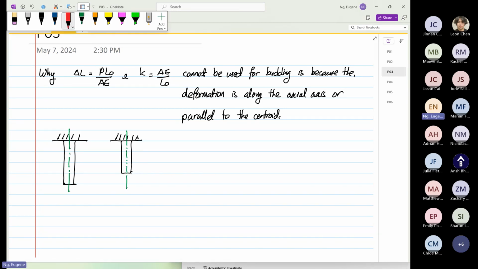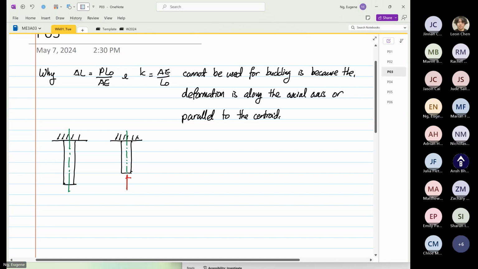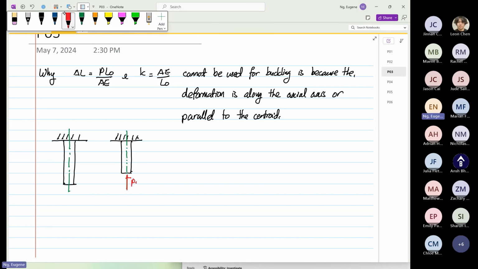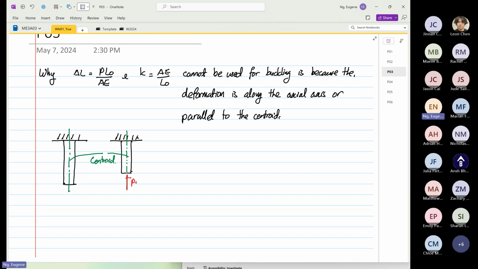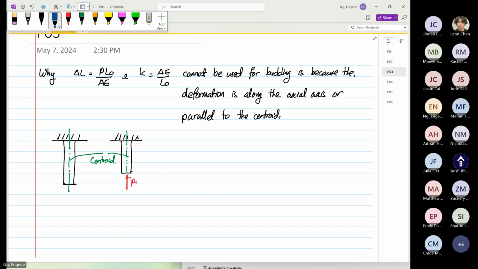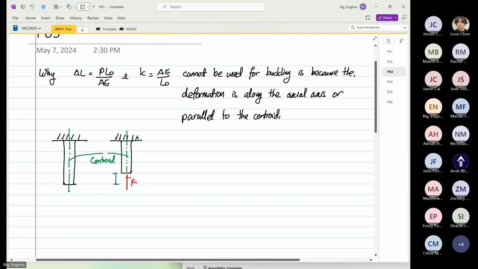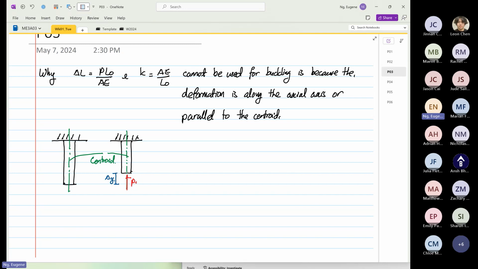So if I put a load P down here, you can see the deformation is acting along the what? Centroid. It's along the centroid or parallel to the centroid. So you can see that delta Y is parallel or along the centroid.